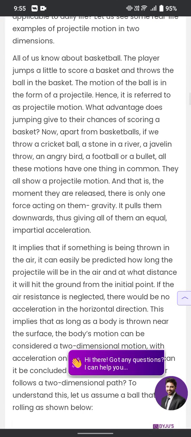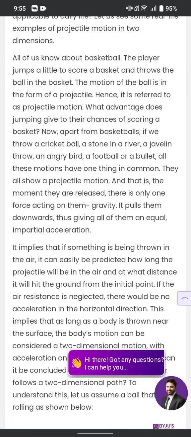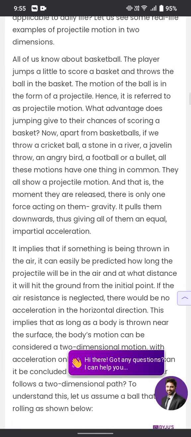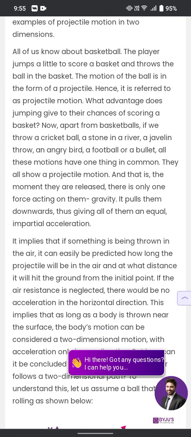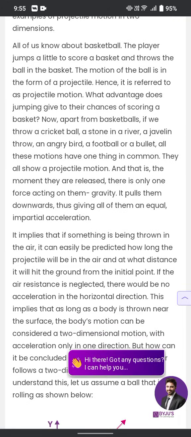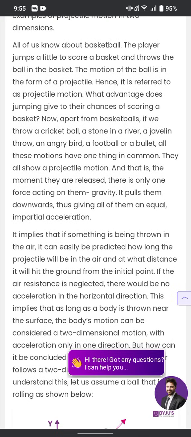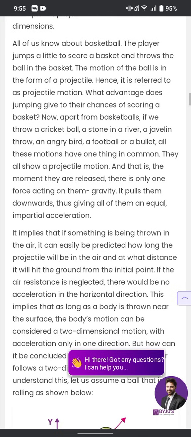What advantage does jumping give to their chances of scoring a basket? Now, apart from basketball, if we throw a cricket ball, a stone in a river, a javelin, an angry bird, a football, or a bullet, all these motions have one thing in common.